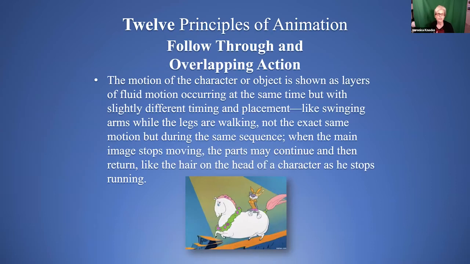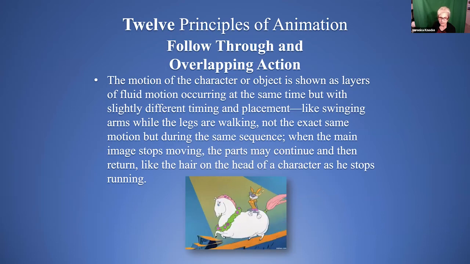Yes, here we go. Follow through and overlapping action. The motion of the character or object is shown as layers of fluid motion occurring at the same time, but with slightly different timing and placement, like swinging the arms while the legs are walking, not the exact motion, but during the same sequence. When the main image stops moving, the parts may continue and then return, like the hair on the head of a character as it stops running.